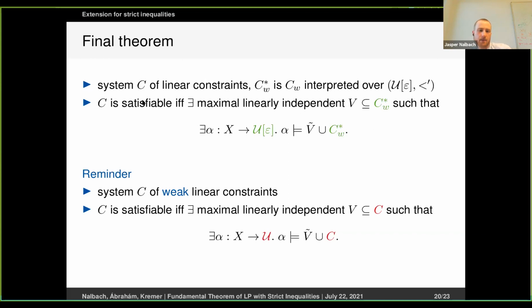And then we know that C is satisfiable if and only if there exists a maximally linearly independent subset V of this transformed system such that there exists a satisfying vertex candidate for this transformed system with a special semantics for epsilon, which is similar to the original formulation, as you can see.